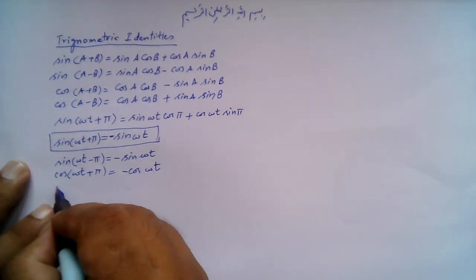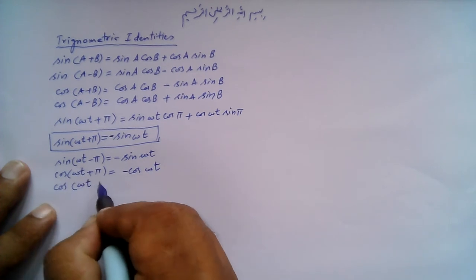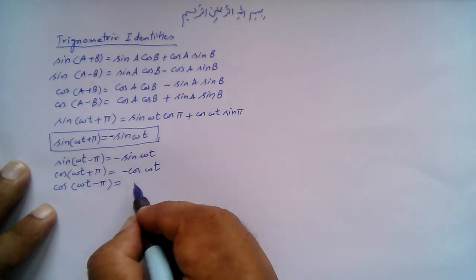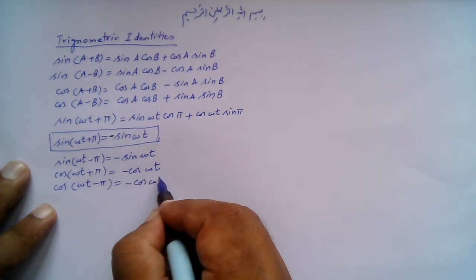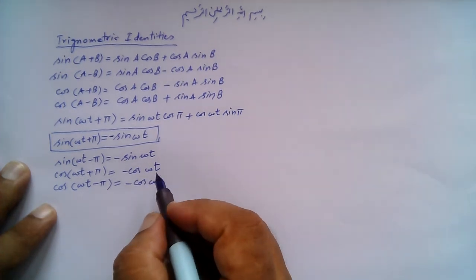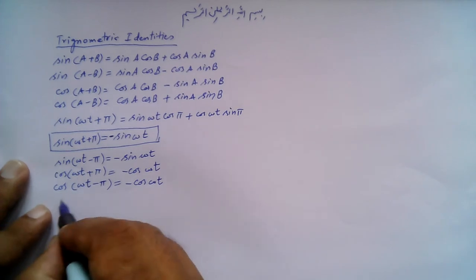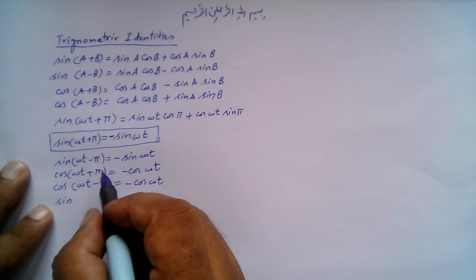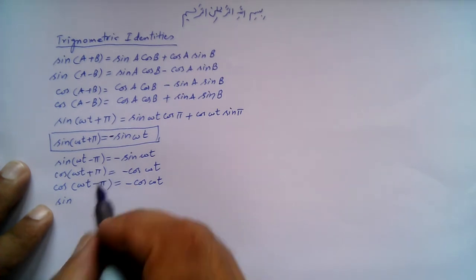And then cos(omega t minus pi) comes out to be again equal to minus cos omega t, right? And this was addition of pi or subtraction of pi, right?